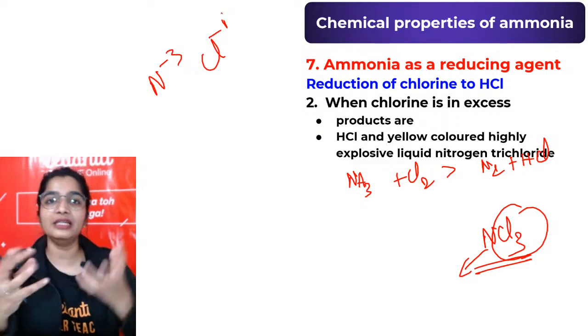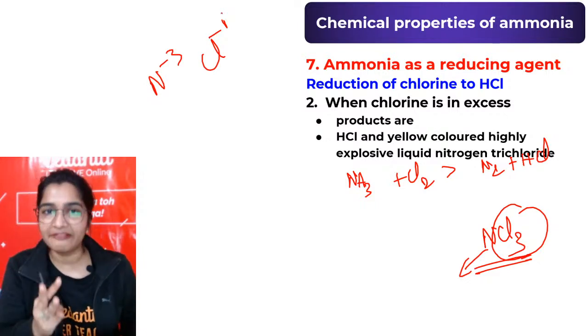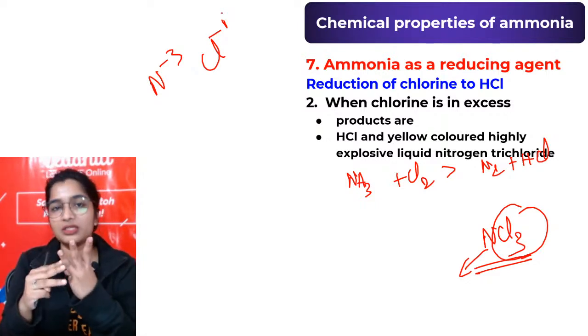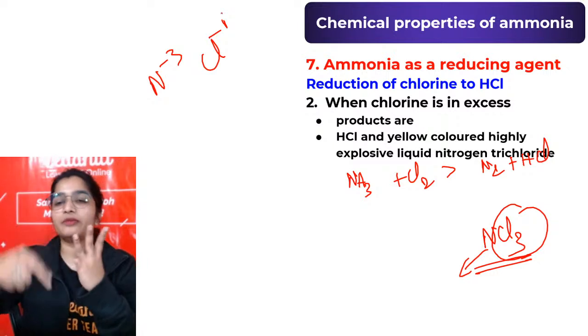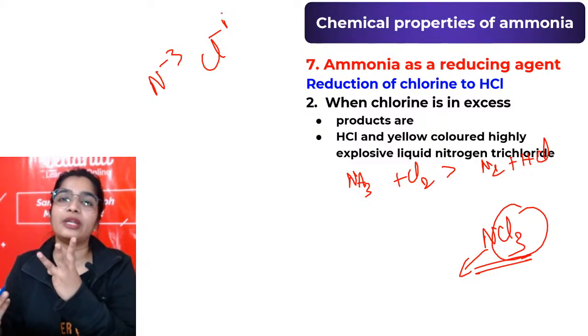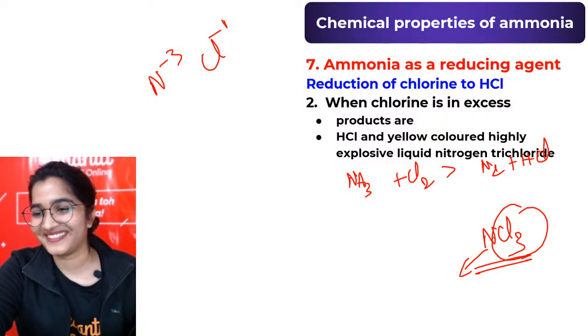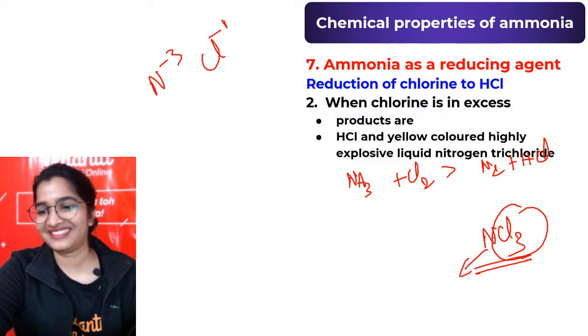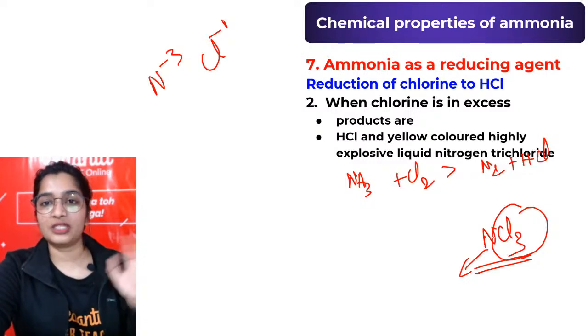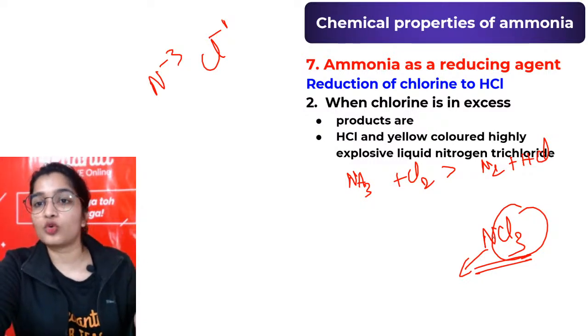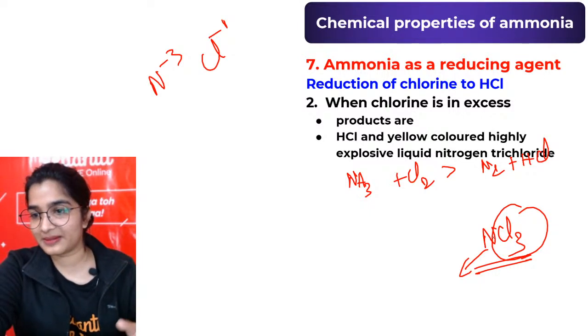This is basically a covalent form and every nitrogen atom needs 3 bonds, so it will combine with 3 chlorine atoms to form nitrogen trichloride. Remember? Acha. NCl3, not NH3Cl.